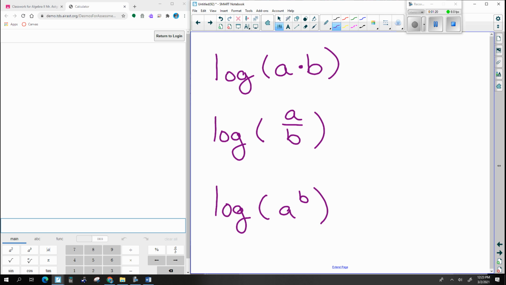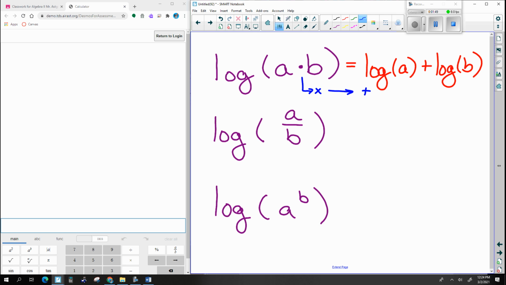And what we can do in these situations is this. If I have a multiplication, that is the same thing as an addition of individual logs. So it's kind of like the idea that in a multiplication problem, what do you do with exponents?